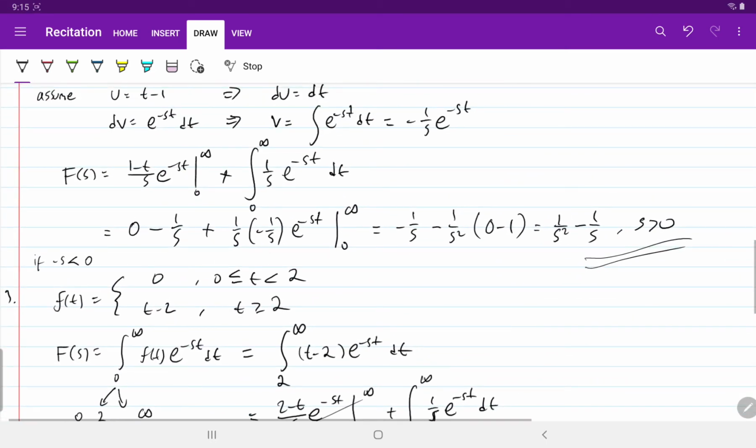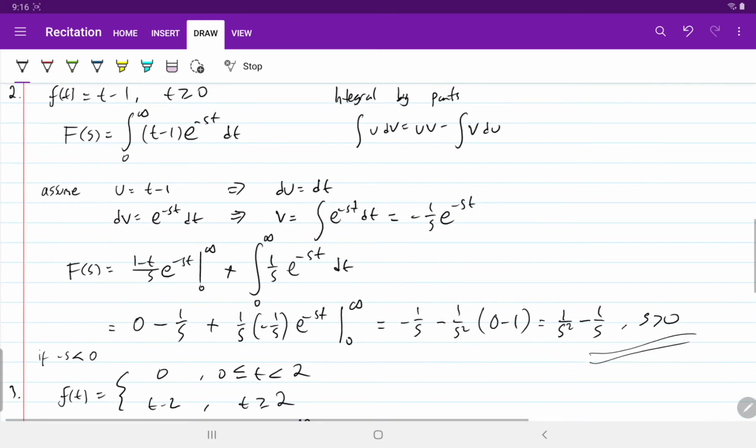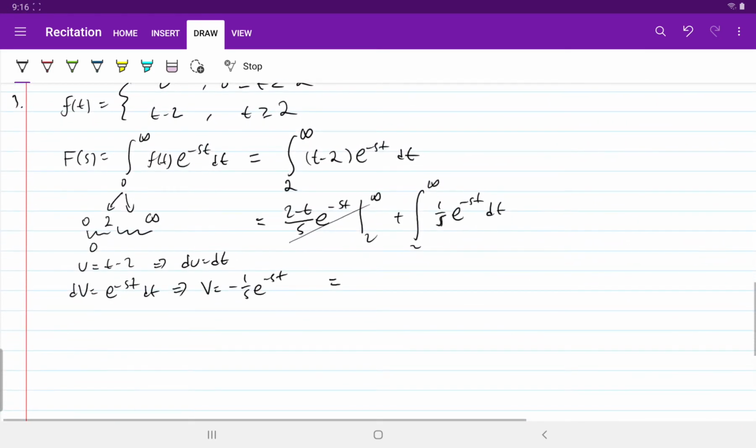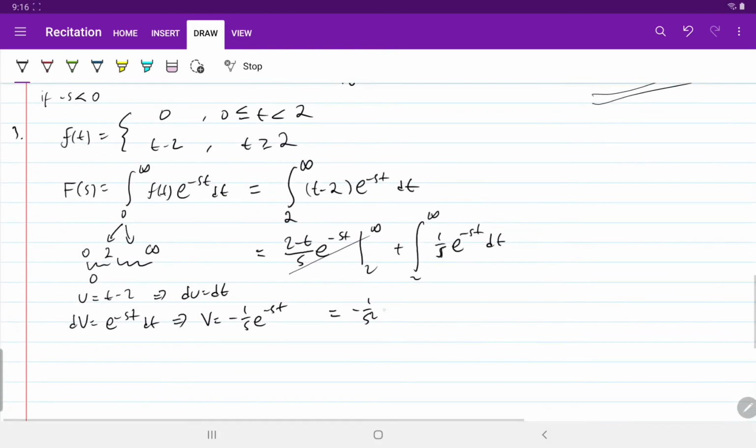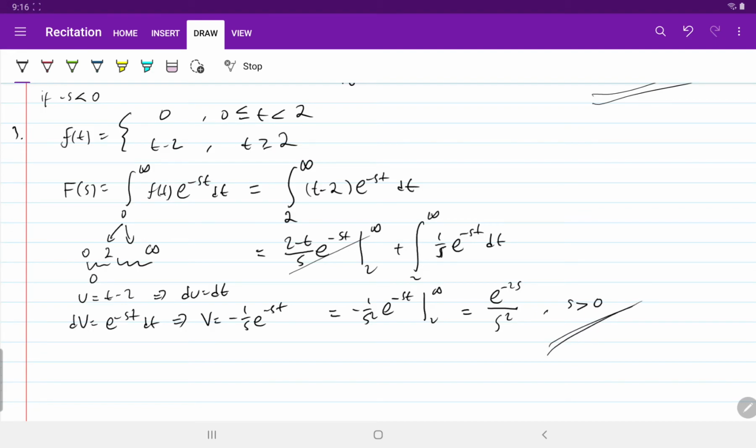From the answer to problem number 2 we have minus 1 over s squared e to the power minus st from infinity to 2. Again, infinity gives 0. When it's 2, we have e to the power minus 2s over s squared, with region of convergence s positive. So that's the solution.